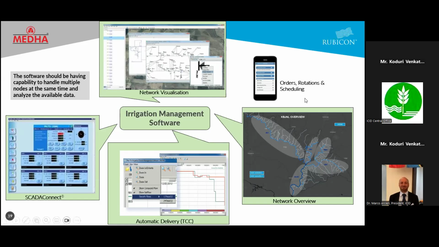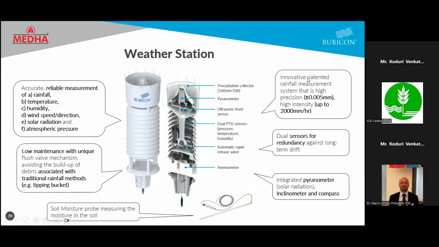And obviously, with the technology at hand, we are capable enough to monitor the gates from a remote location, as accessible to the farmer who is in the field from a mobile application, where orders, rotations, and scheduling should be an integral part of the irrigation management software.